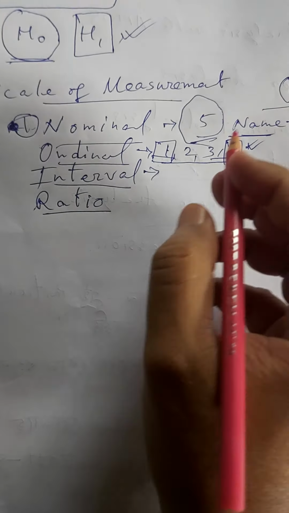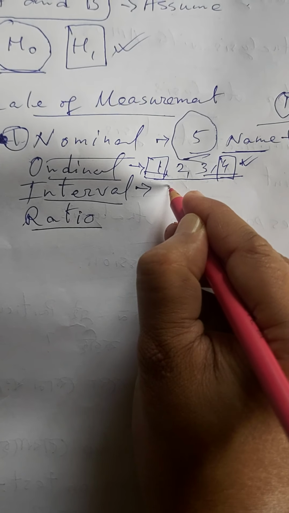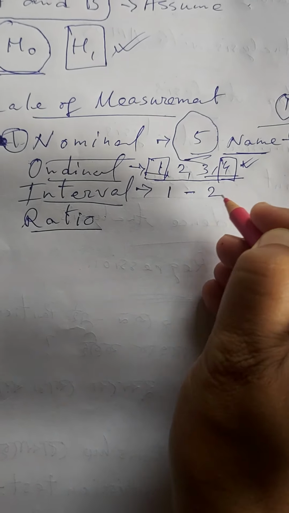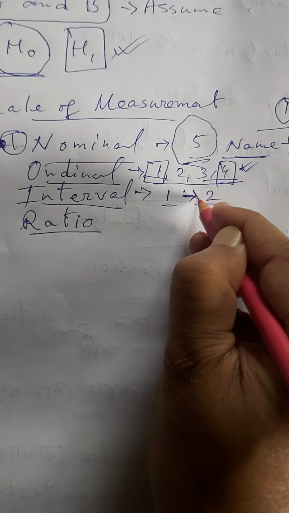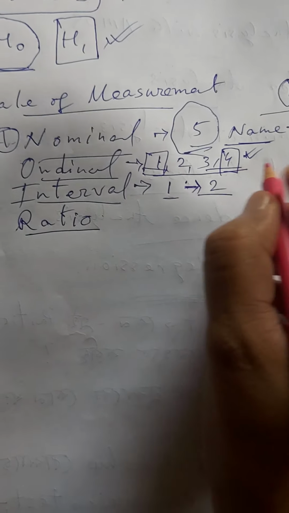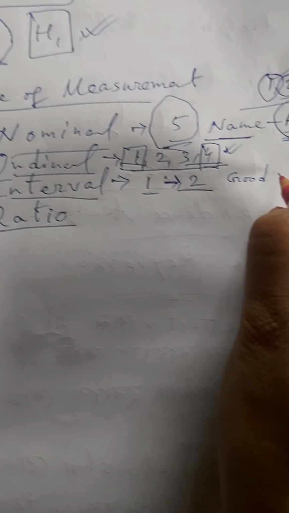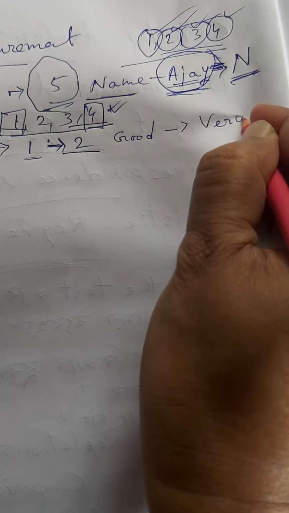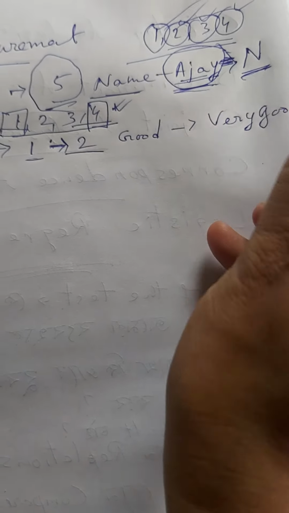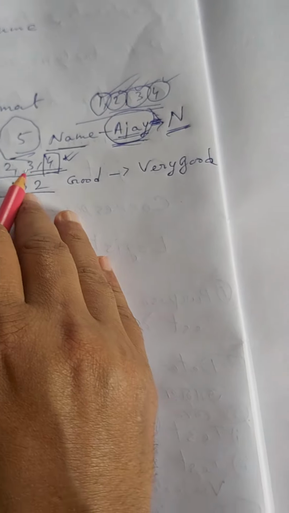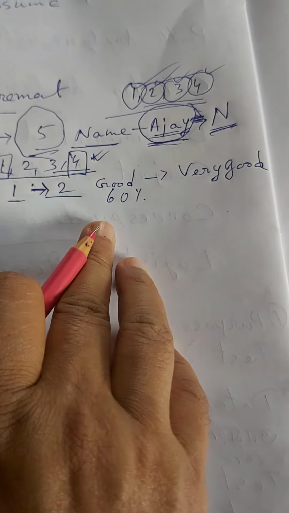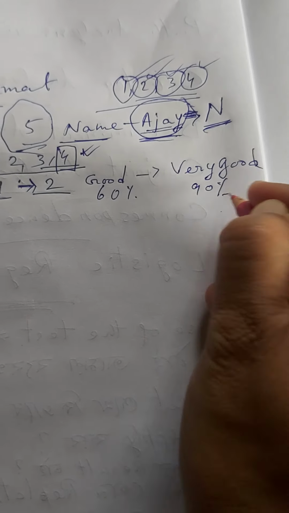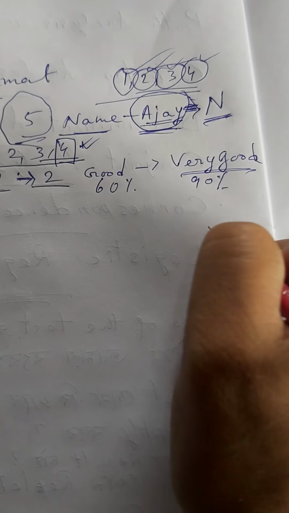Interval scale means the distance between 1 and 2, for example good and very good. We know that if we get 60% marks in an exam, we get a good grade. If we get 90% marks, we get a very good grade.